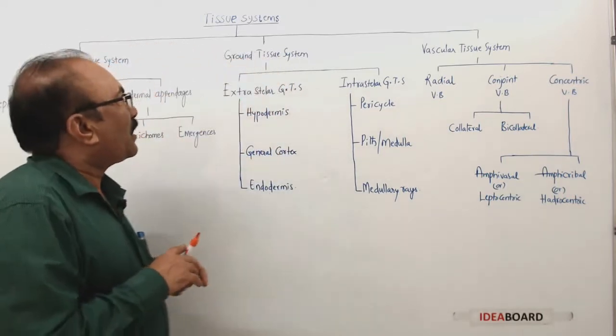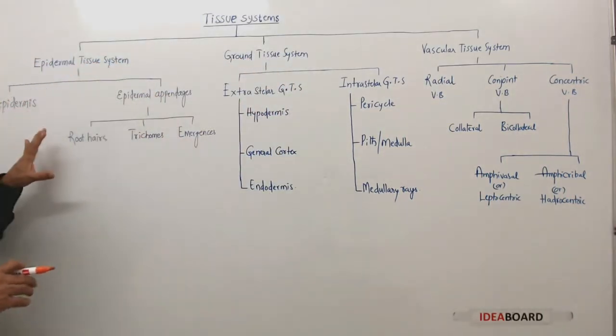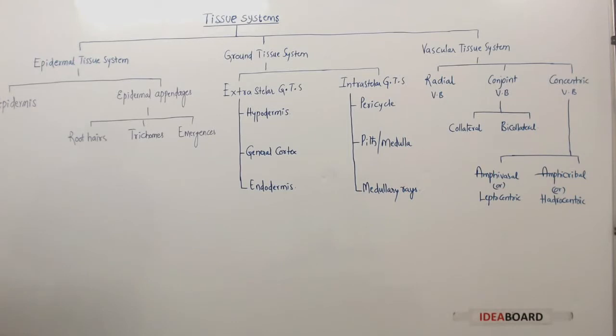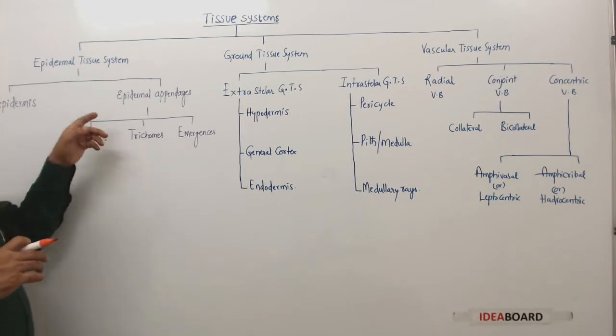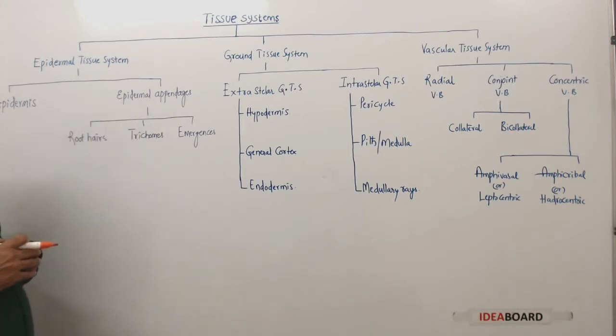Okay, I am giving you one flow chart here. The epidermal tissue system: here we will discuss the epidermis, the protective layer present on every organ of the plants. Sometimes you will find some extra structures, called epidermal appendages.